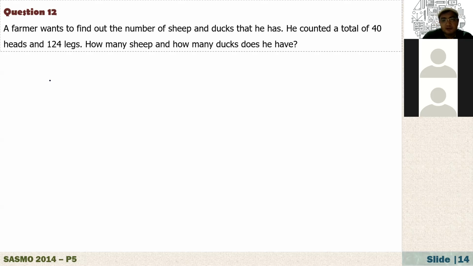Did you make a calculate table? Yes, I calculate this exercise with the algebraic method. Very good. We are talking about sheep and duck, right? He counted a total of 40 heads. So that means how many sheep and how many ducks does he have?